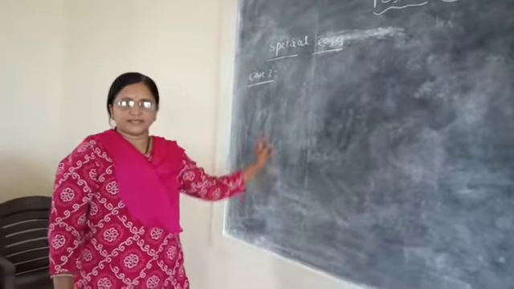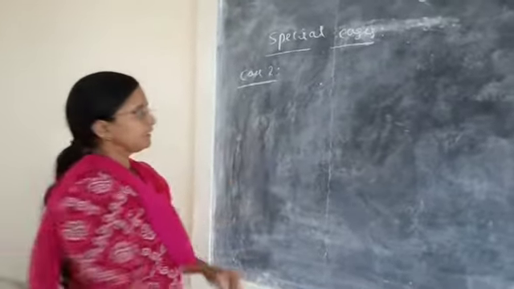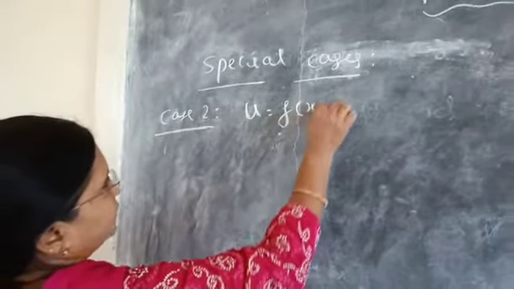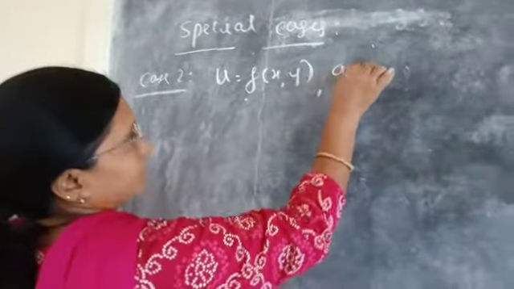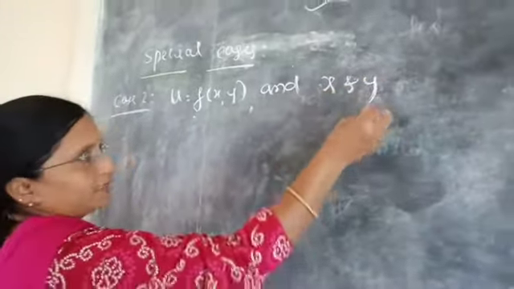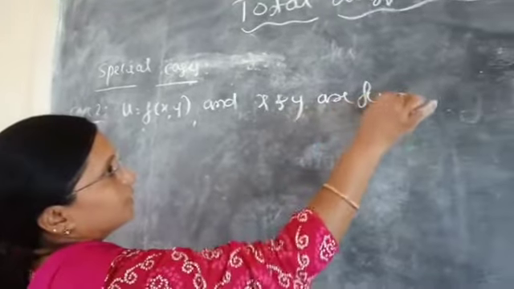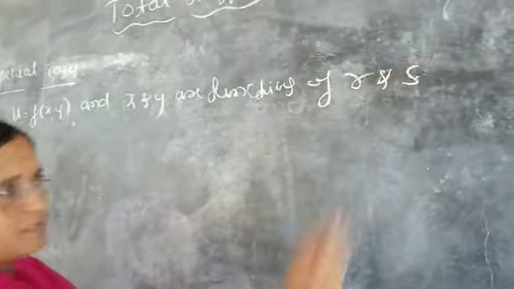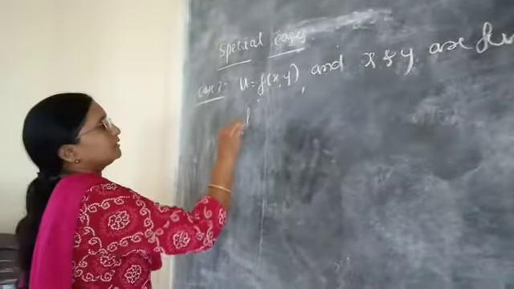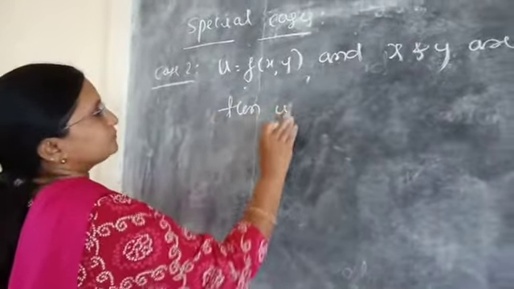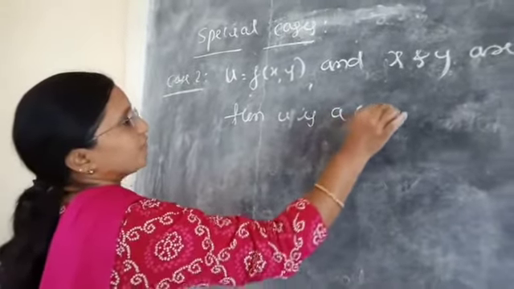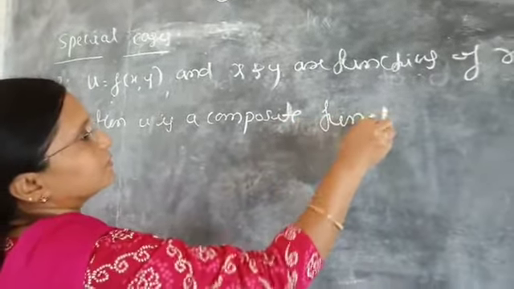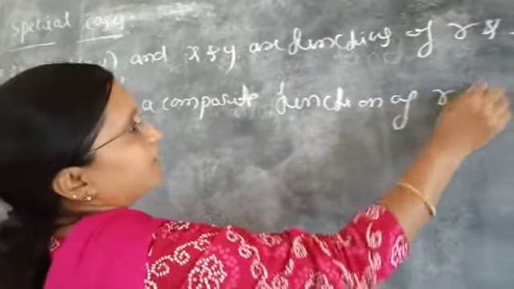Let us take the second case. This is the second special case. Here, suppose u is a function of x y, and x and y are functions of two other variables, r and s. Then u is a composite function of r and s.